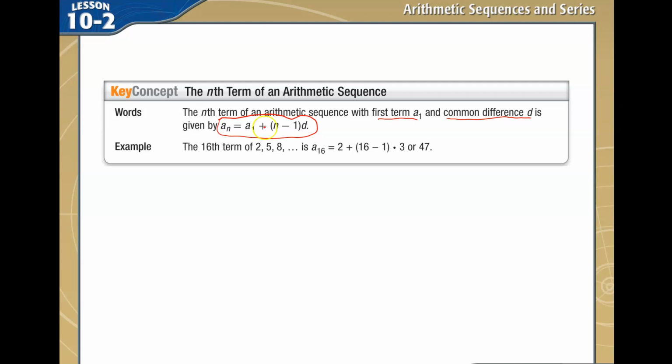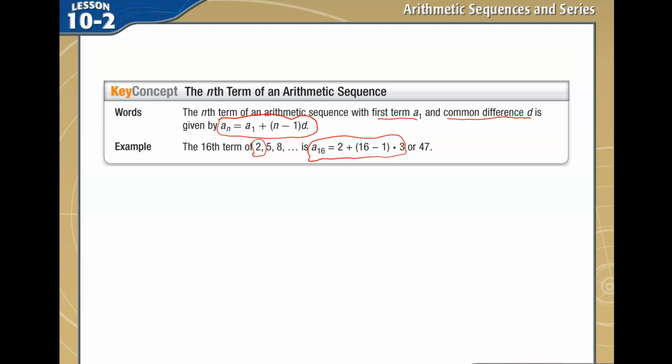But if you have the nth term formula, you can find any specific term, like right here, the 16th term of this sequence. Look, 2, 5, 8. You find the first term, which is already here, and you find the common difference, so 5 minus 2 is 3. By using this nth term formula, you can find your 16th term directly. That's the importance of the nth term of any arithmetic sequence.